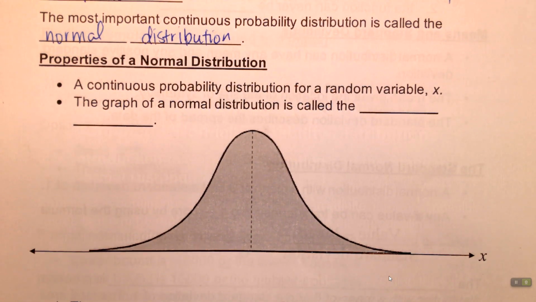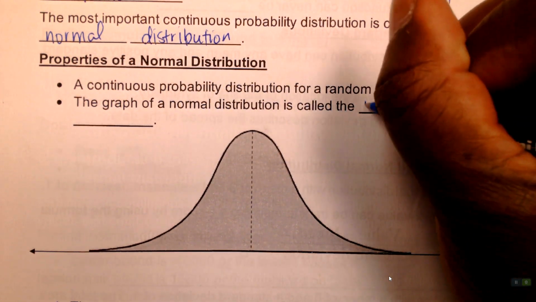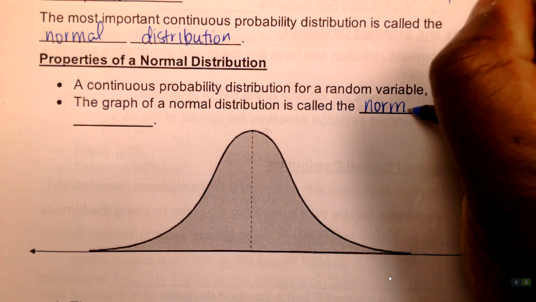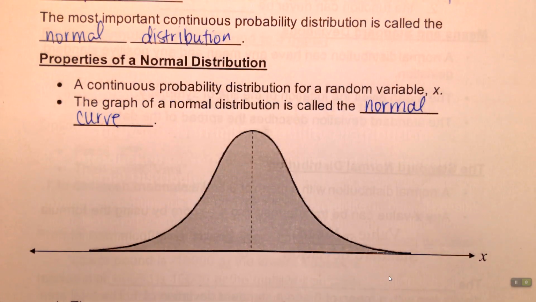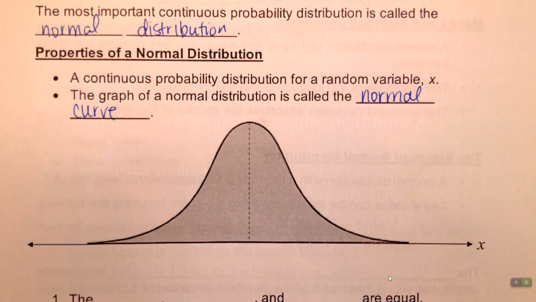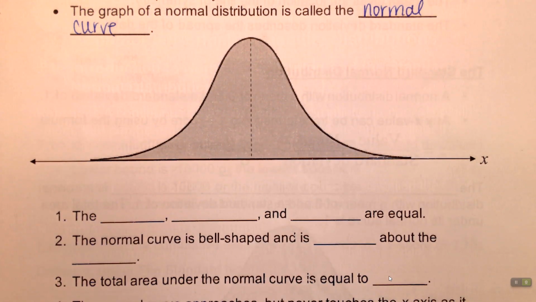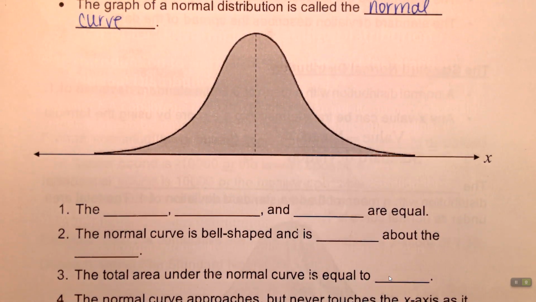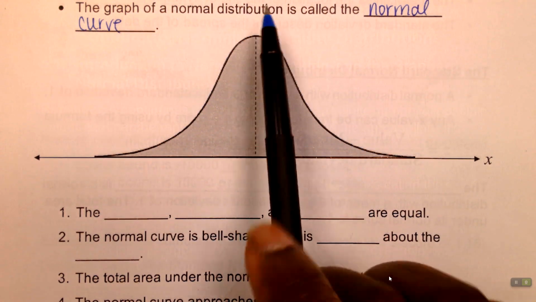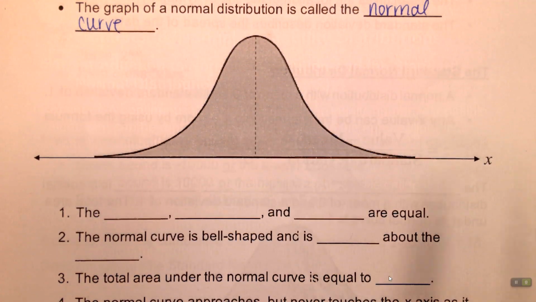The graph of a normal distribution is called the normal curve. You've probably seen this in a lot of graphs and didn't know what it was, but this is the normal curve. In a normal curve, which is symmetric, remember we learned that it's symmetric, we can cut this in half and fold it over.